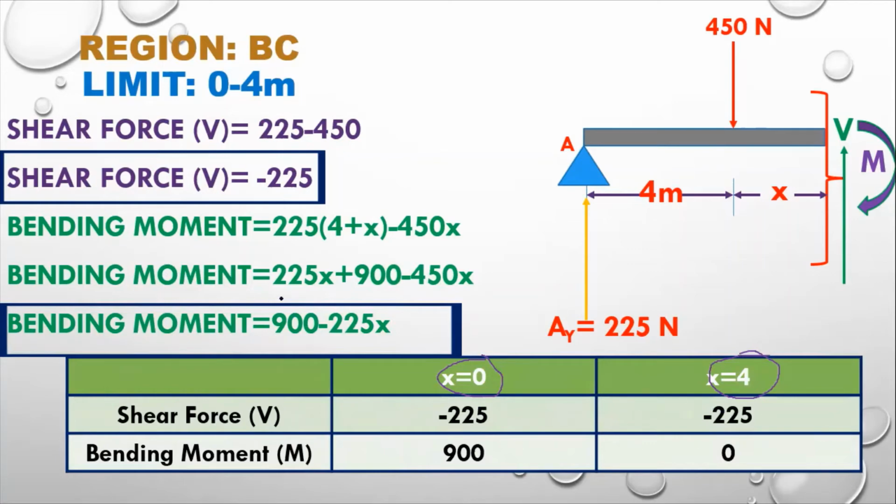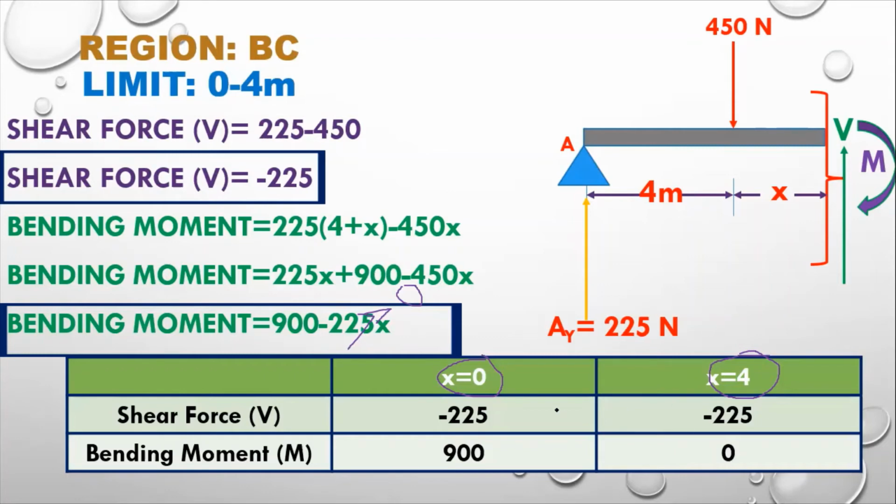In the bending moment equation, when we multiply 225 with 0, this term becomes 0, and the answer is 900. When we put 4 in x, 225 into 4 comes out to 900. So 900 minus 900 becomes 0. You can see we have got all the values.